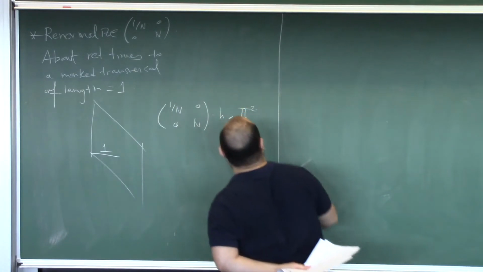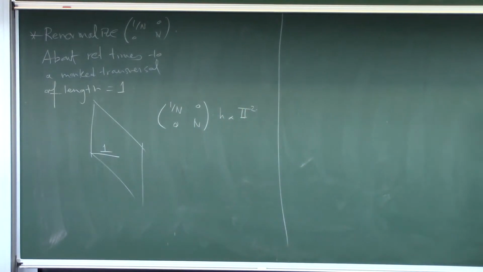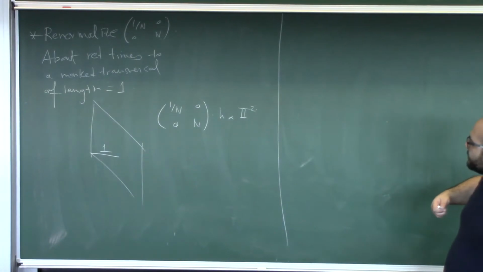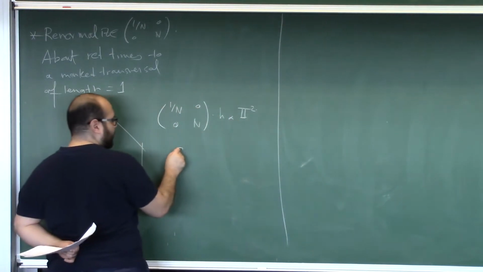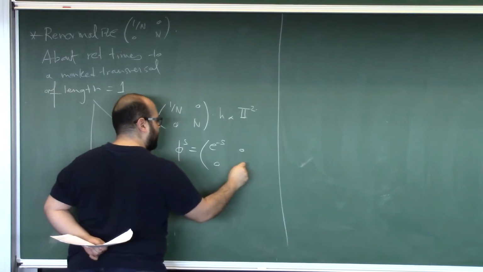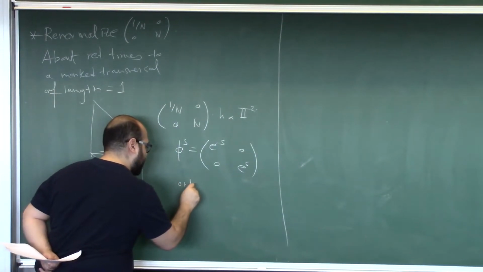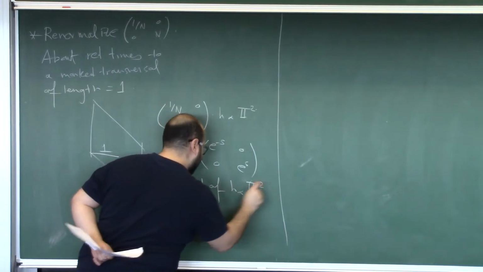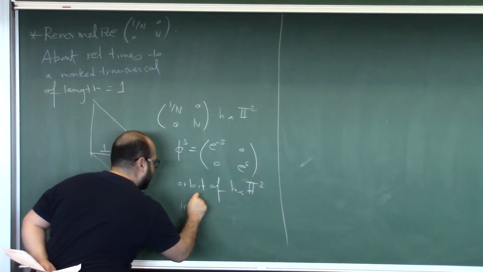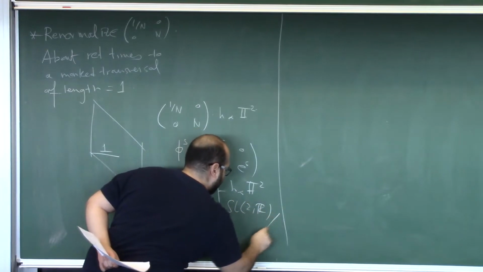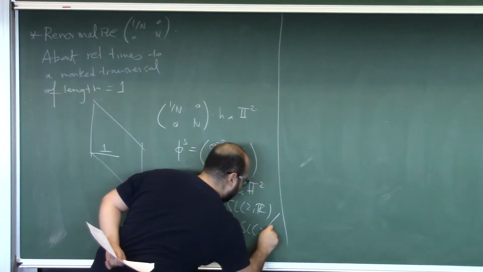And in that case you can argue about one particular marked line over the orbits of h alpha t squared in the space of unimodular lattices.